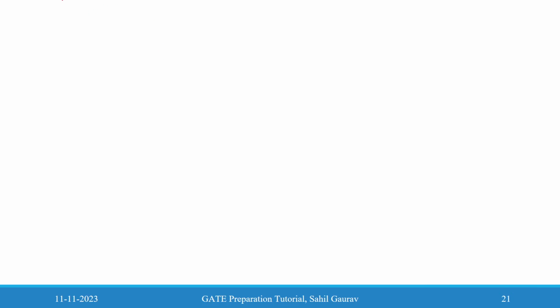Now we are going with the expression of ABCD parameter. Vs is equal to AVR plus BIR.